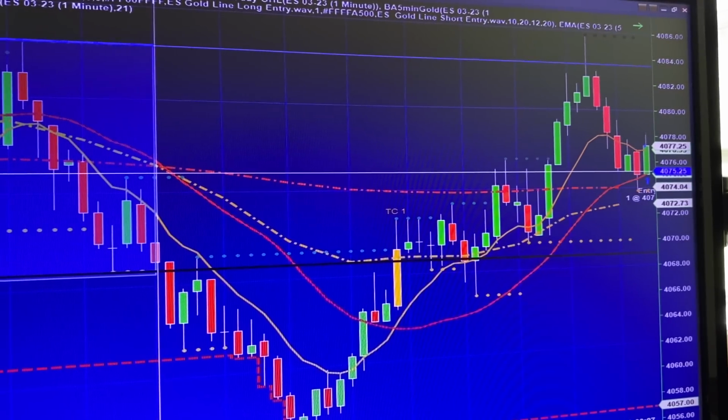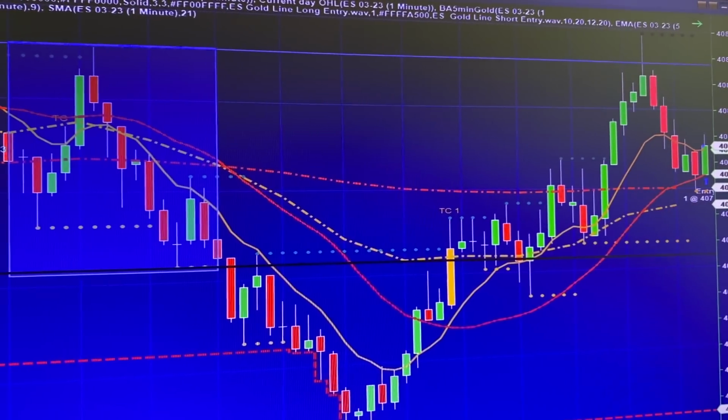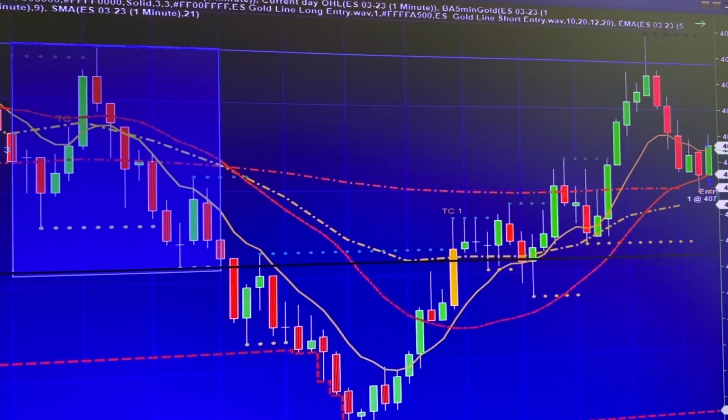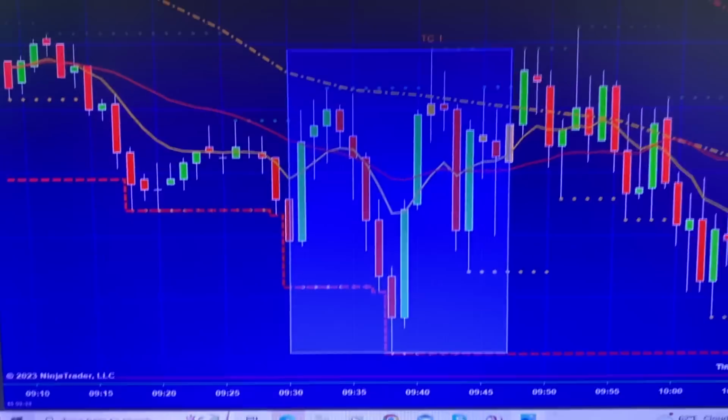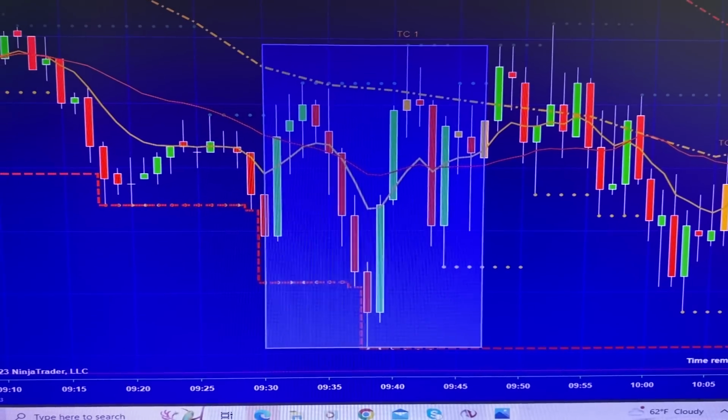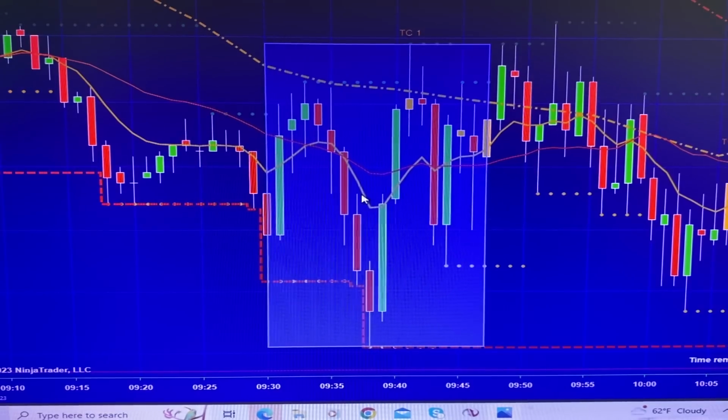So that was Friday. I'm going to show you Thursday's trades. All right, so here's Thursday. This is a screenshot, so I'm not going to have crosshairs going. But 8:30 to 9:45, I know it doesn't look like it is, but this is 9:45. I scrunched up the chart and this timer's off.